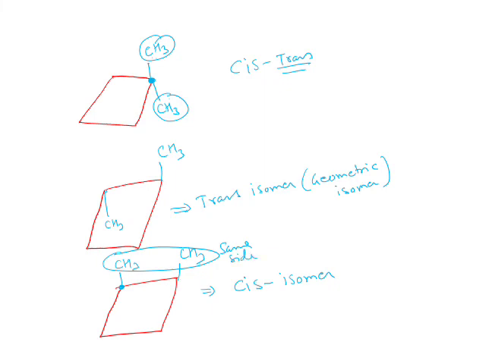Over here they are on opposite sides, that's why it's a trans isomer. And this is not possible for the first one because both substituents are present on the same carbon. So keep this in mind if you find any question regarding this, so make sure you know what the cis and trans isomers are.